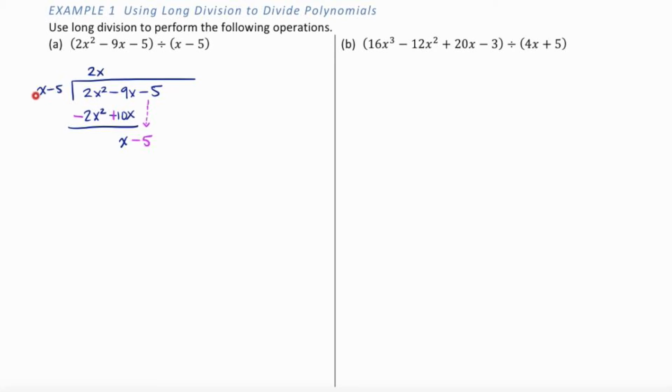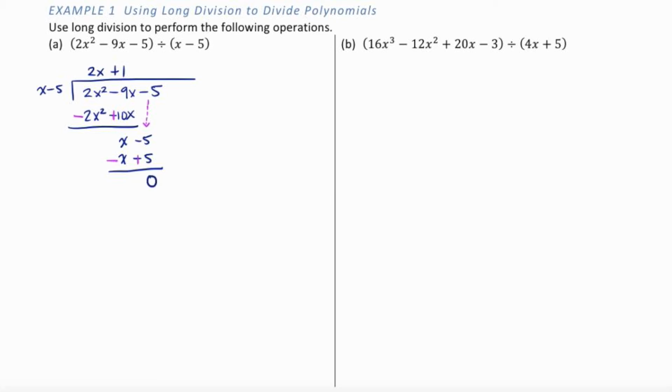If you notice, x minus 5 divides x minus 5 exactly one time, so this is plus 1, and we multiply this to get another x minus 5, and then you can subtract and add.